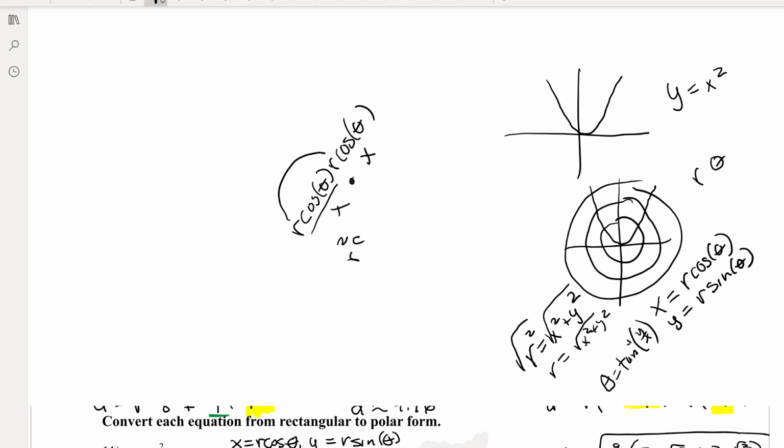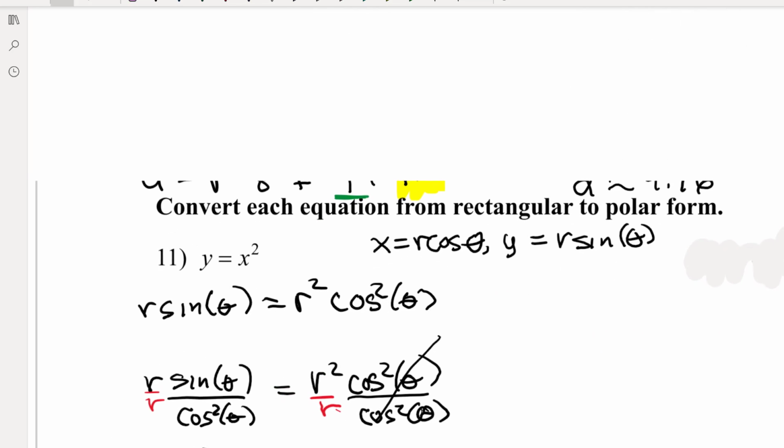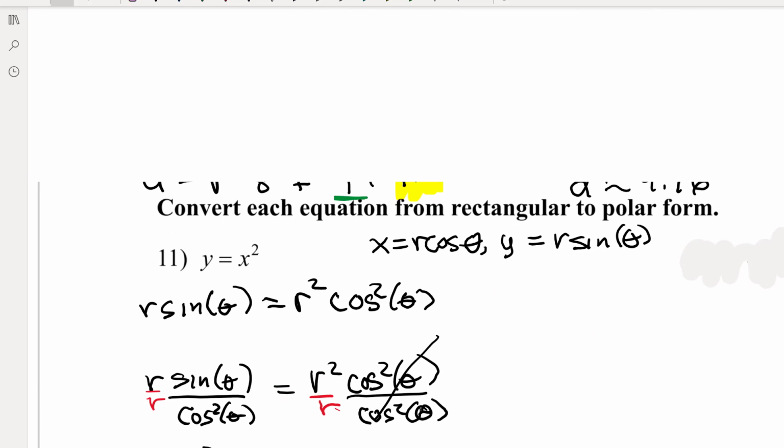And then when you multiply cosine times cosine, it's cosine squared when the thetas are the same. All right, so that's what we did here. I converted y to r sine theta. I converted x squared to r squared cosine squared.